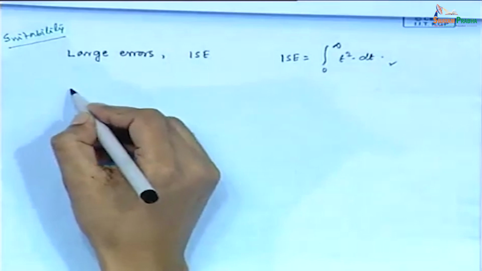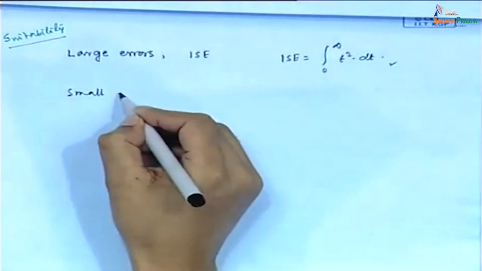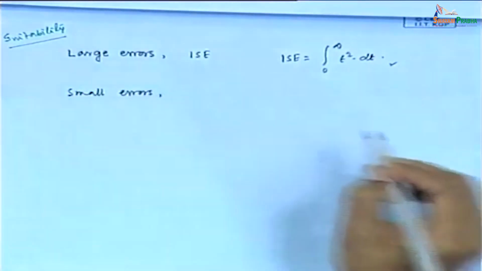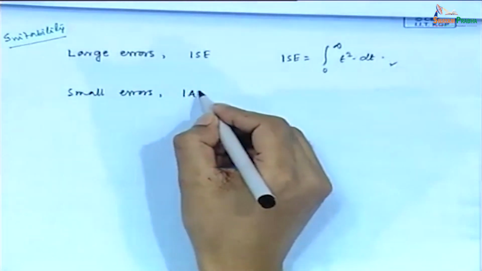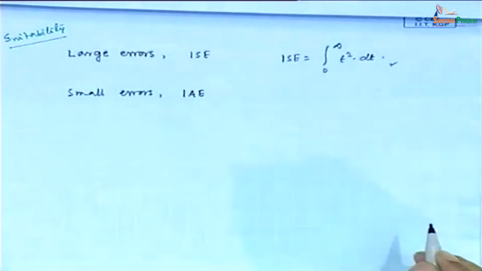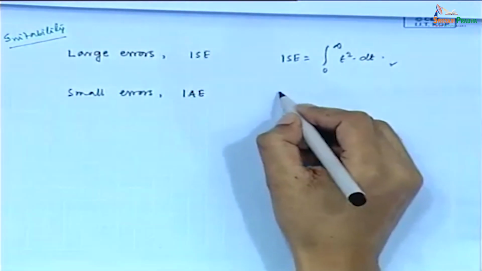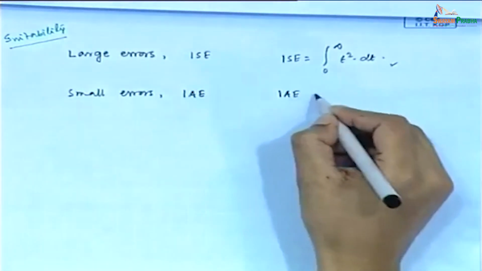If we wish to suppress small errors, then the IAE performance criterion is used.